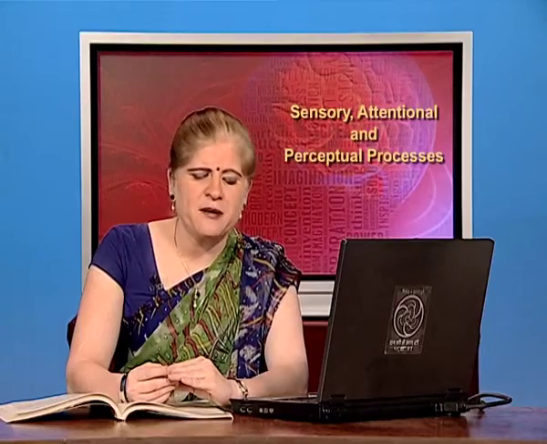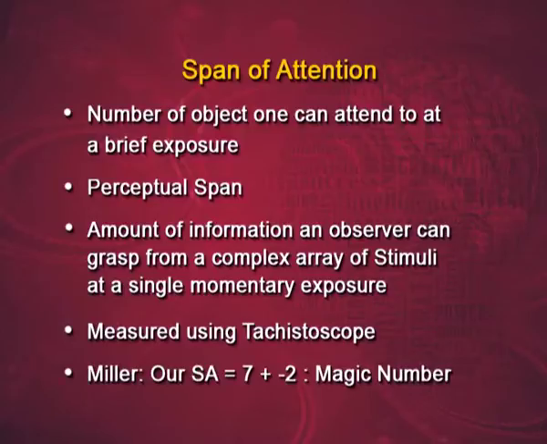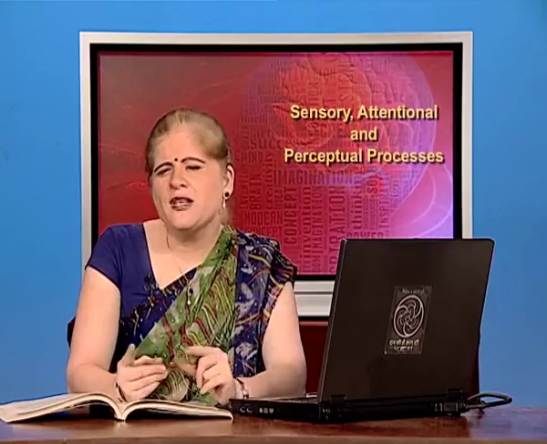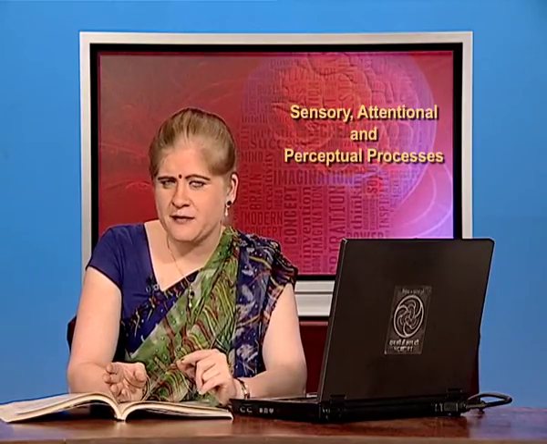There have been many experiments which have been conducted, and a psychologist called Miller has given a magic number. He says that the span of attention of human beings is 7 plus minus 2. That means at one time you can instantly remember 5 to 9 numbers in very rare cases and not more than that.